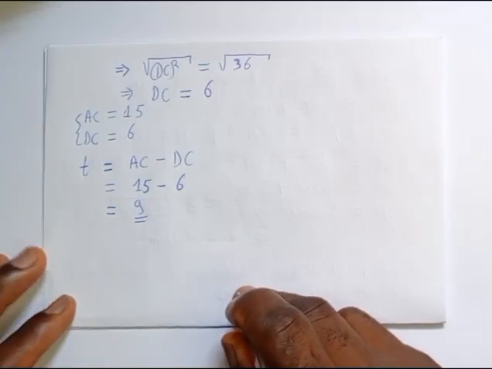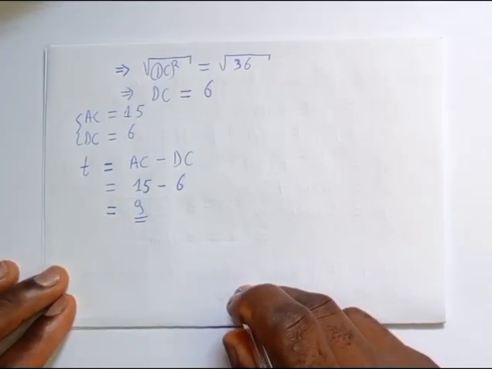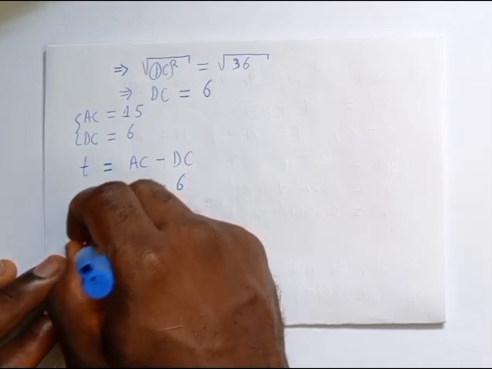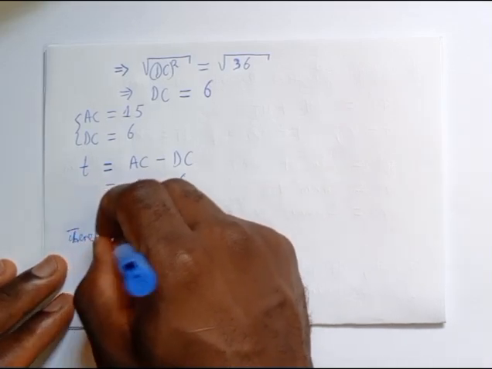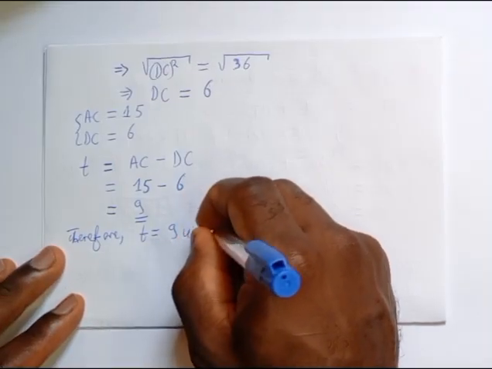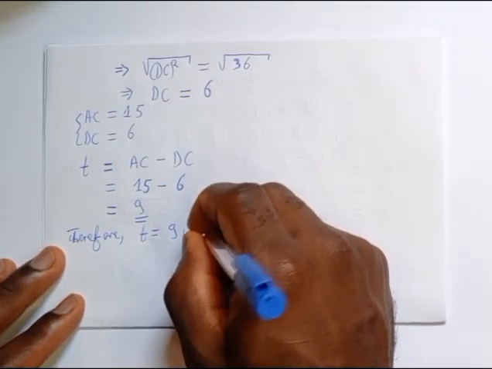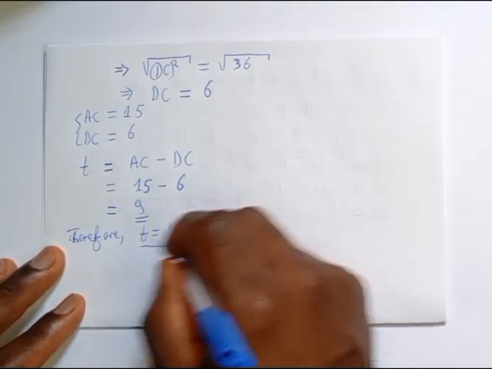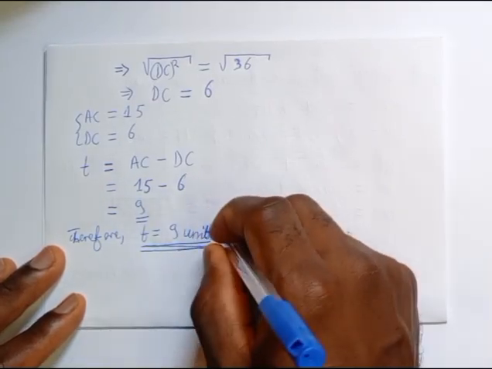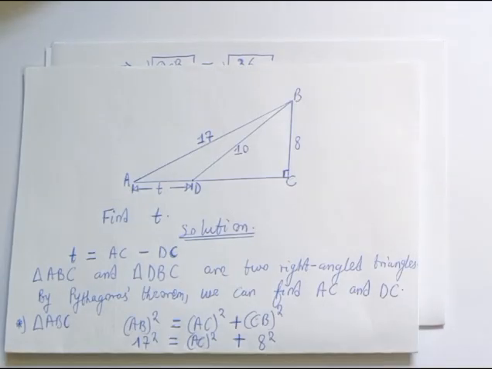Therefore, our T is equal to 9 units, since it is distance. We are done with the solution of the question.